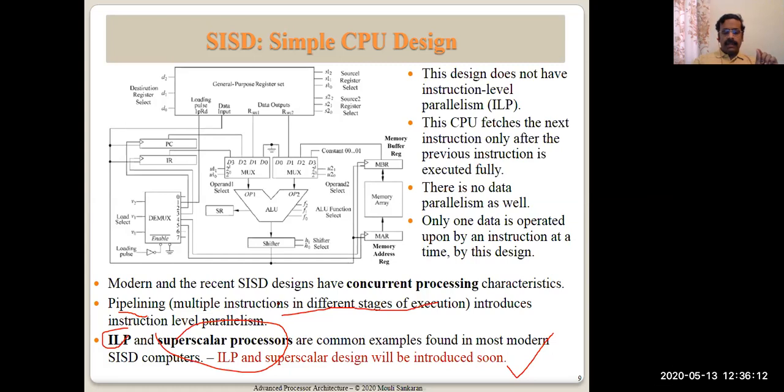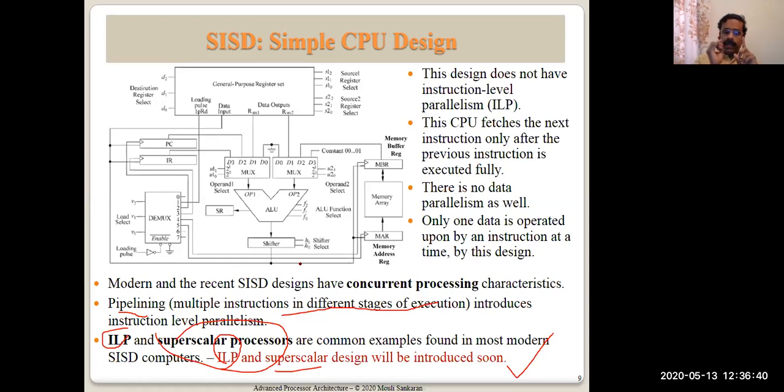What I am trying to say is, if a CPU is fetching more instructions and then executing them in parallel on different stages, it is called instruction level parallelism, ILP. If a CPU has multiple pipeline structures, with instructions going through them in parallel, it's called superscalar.